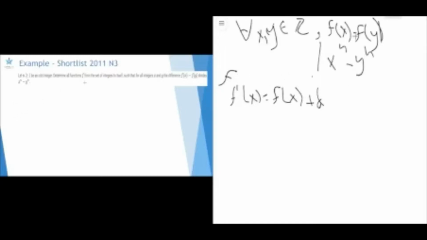Because f prime of x minus f prime of y is just the same as f of x minus f of y, because it's just shifting by d. So if we find a function f, we already find infinitely many other functions. That means we can WLOG fix one value of f, and work based off of that.